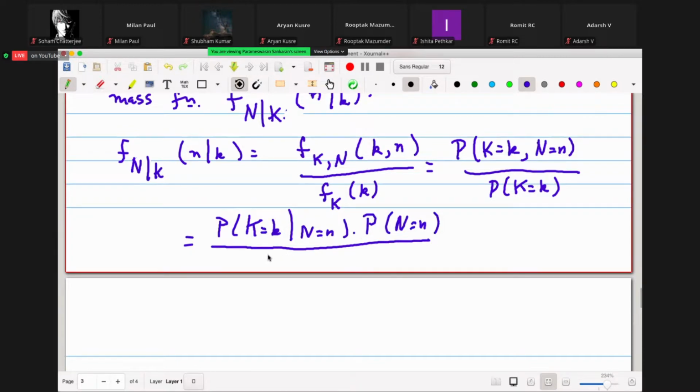But you can use Bayes' theorem, or essentially we are using Bayes' theorem. This is again the probability of, so this is a specific n, but here it will be a variable, K equals k given that N equals m, times the probability that N equals m.